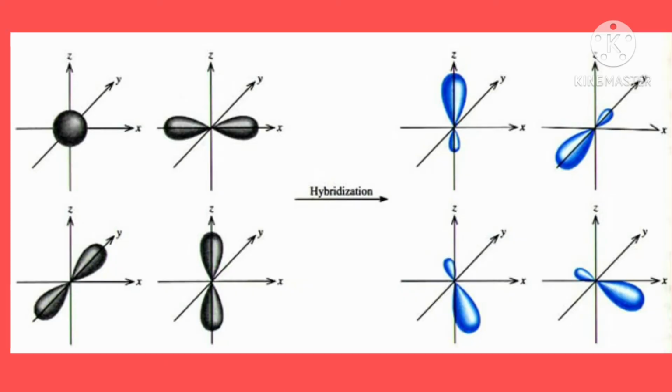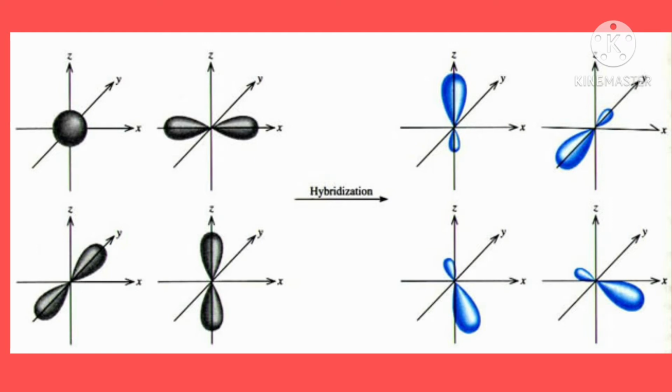The 4 electrons enter into the new 4 identical hybrid orbitals known as sp3 hybrid orbitals, one each as per Hund's rule. Because they are made from one s orbital and 3 p orbitals, they are called sp3 orbitals.